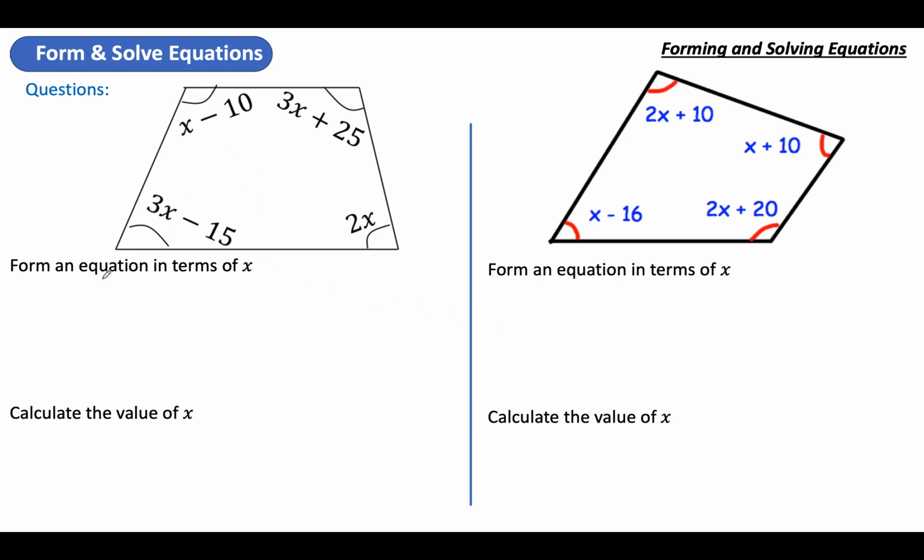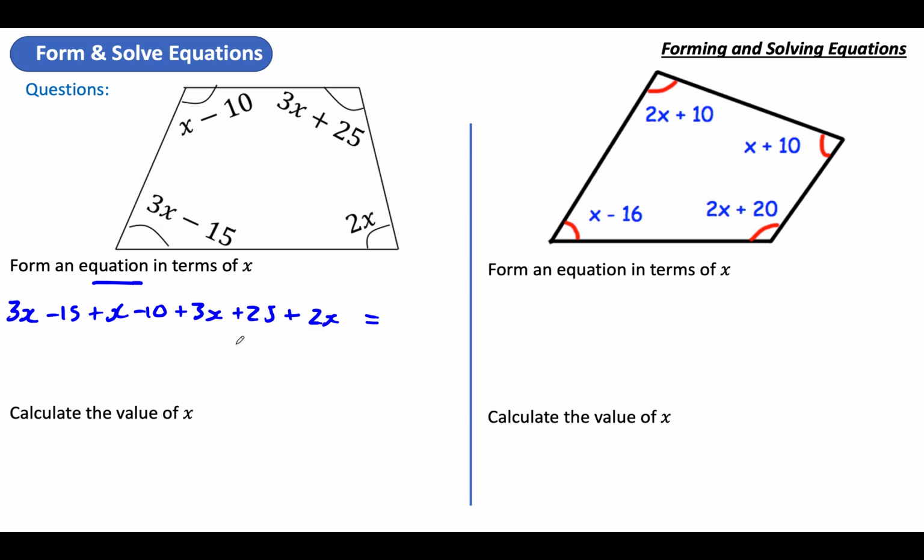Well, I've unpaused. Find an equation in terms of x. So let's add up those angles. 3x minus 15. This is the forming bit. We are forming an equation. Plus 2x. 3x plus x is 4x. Plus another 3 makes 7x.